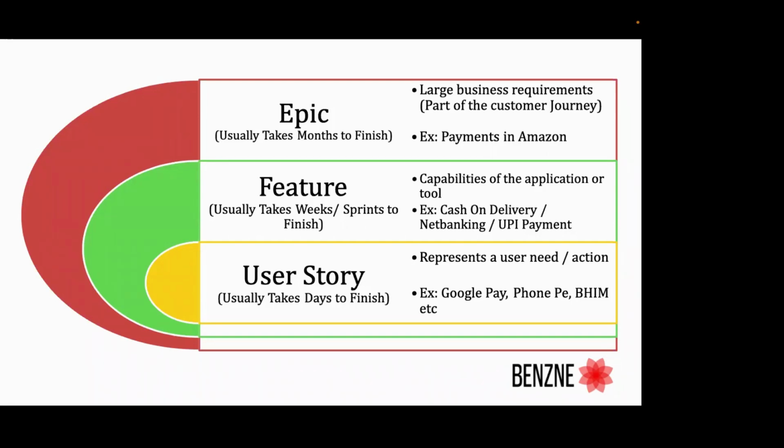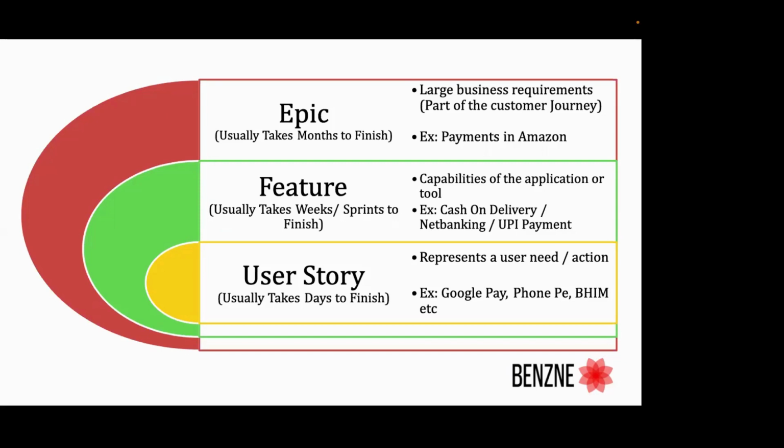Then there is browse product section where a lot of features, lot of capabilities are available. Then there's cart management. Again, there are a lot of capabilities within that. Then comes your payment. After payment is done, there's tracking of your delivery, reverse, refund, and everything.